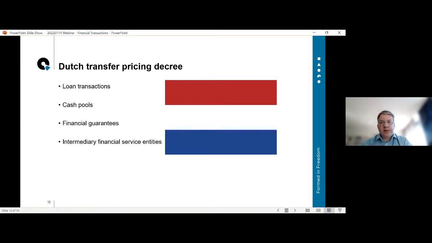What is new is that in certain cases, when you are not able to provide a study to determine the arm's length level of a guarantee fee, the advantage of the guarantee can be split between the borrower and the guarantor of the loan. So it can be split 50-50 in certain cases.